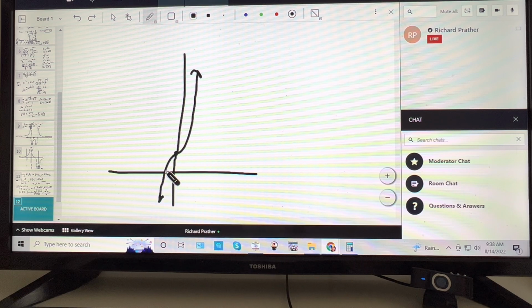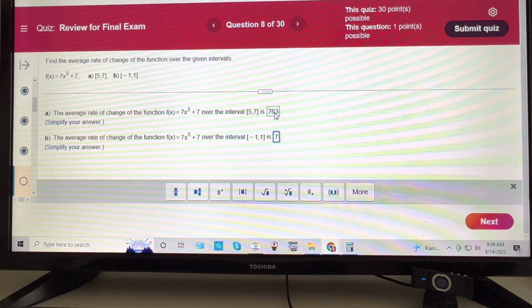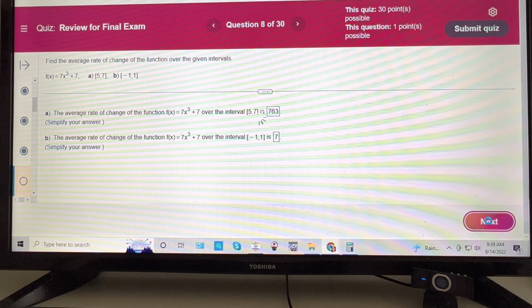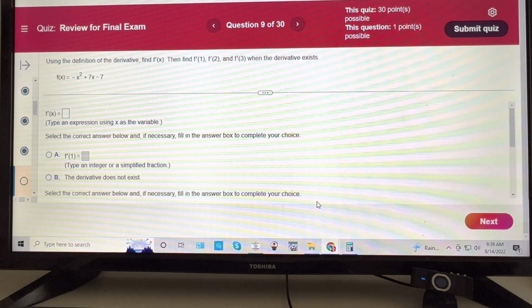So from -1 to +1, the slope of the secant line that would go through the curve, it's not touching it once, it's going through it, this slope would be 7. But if I continued this all the way up to 5 and 7, it would take you a long time to get over to 5 and 7. The line would be virtually vertical way up there. Not quite vertical, but the slope would be 700 and whatever. So to the naked eye, that would look almost vertical.